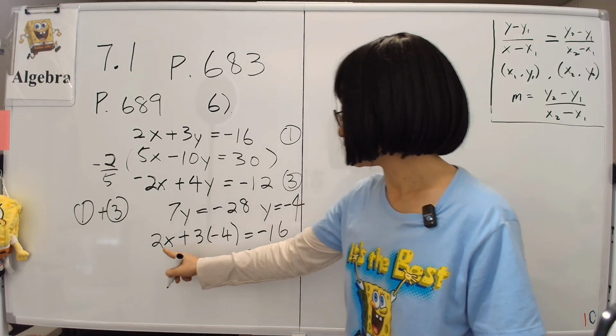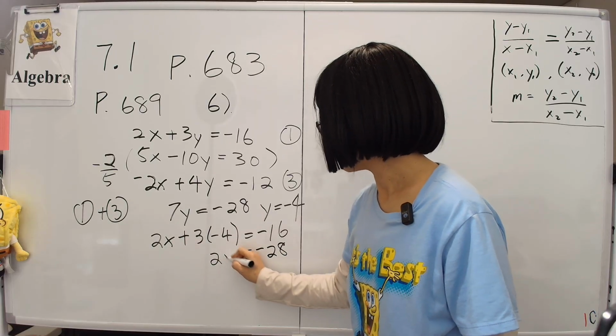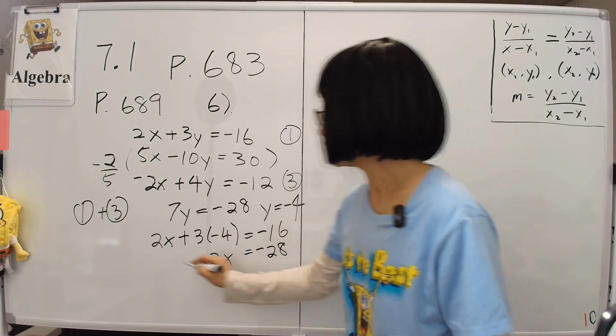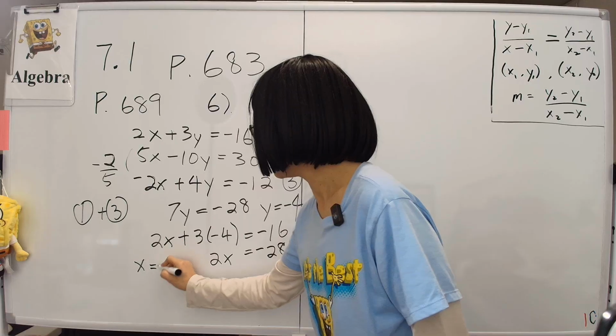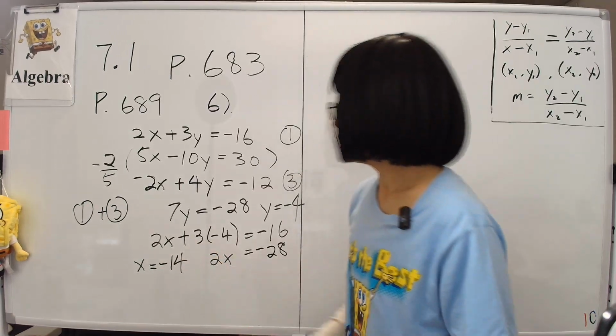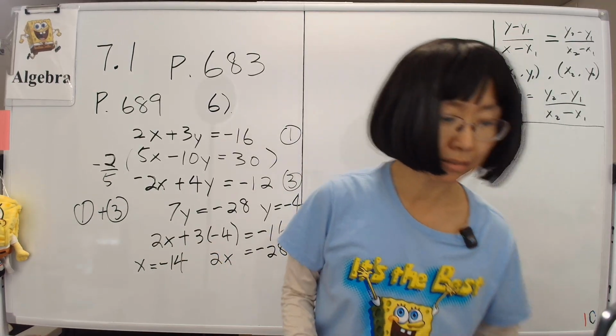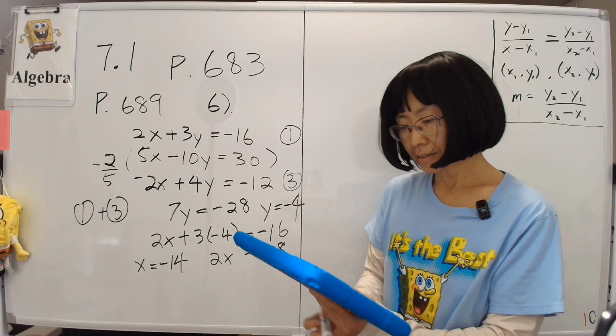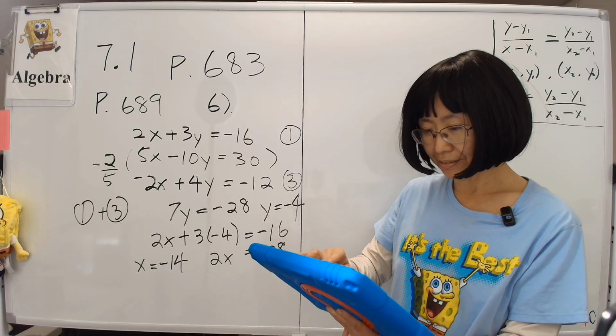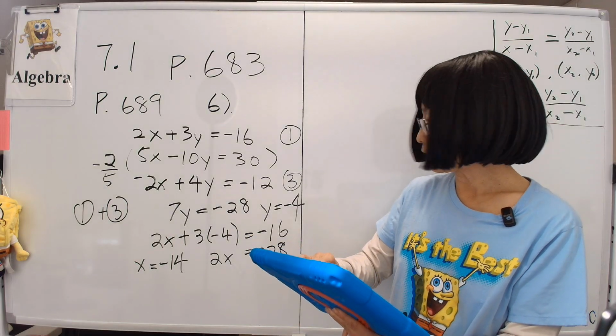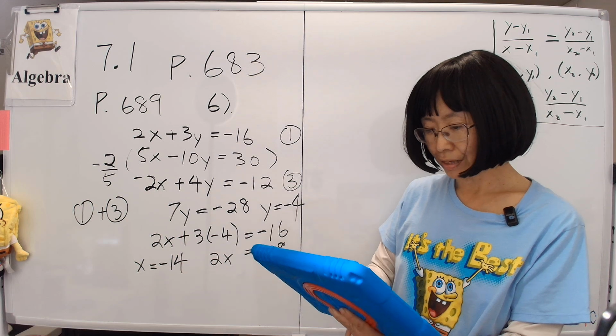Which is equal to 2x, so that gives us x equal to half that much. X should be minus 14. So x is minus 14. Examples, y is minus 4, that's correct.